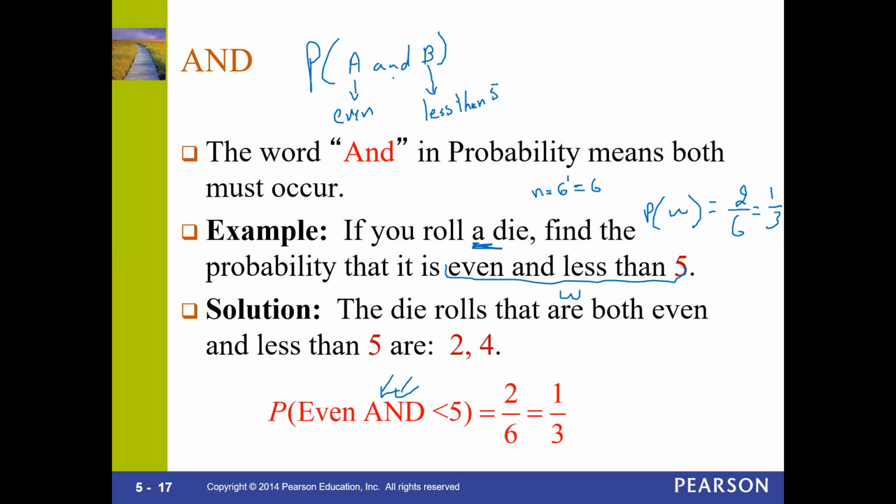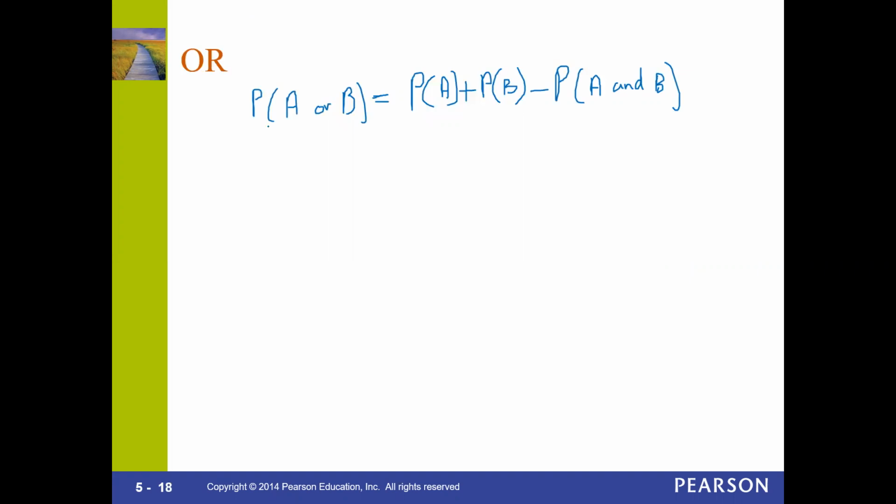So the "and" is there. That means both must occur. Now the probability of OR means that A occurs or B occurs, or they happen at the same time. I'm going to give the definition after, but I just wanted to show the formula. P of A or B equals P of A plus P of B minus P of A and B.